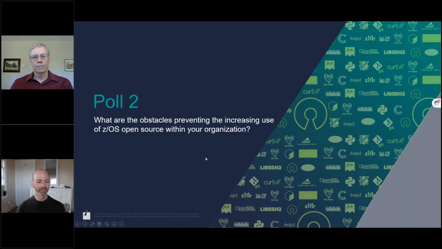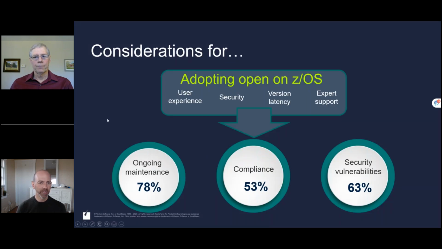All right, thank you. Well, that's a good confirmation that it's in line with what we've seen in terms of the concerns and consideration with adopting open source. So these are, from what we've seen, user experience, basically making it really easy to download, install, consume, maintain, update open source on z/OS has been a major concern. That's the ongoing maintenance.